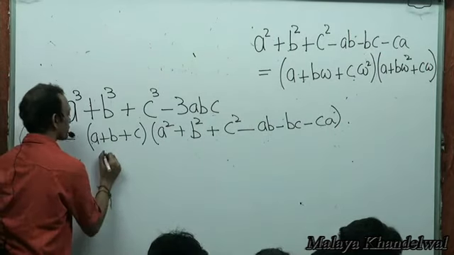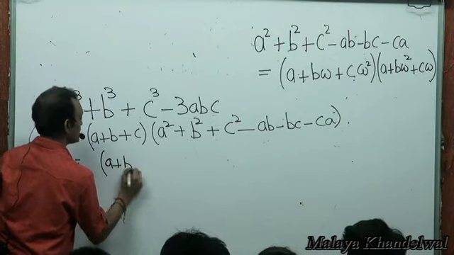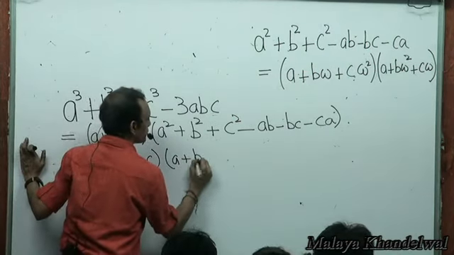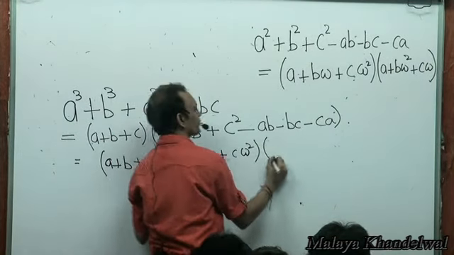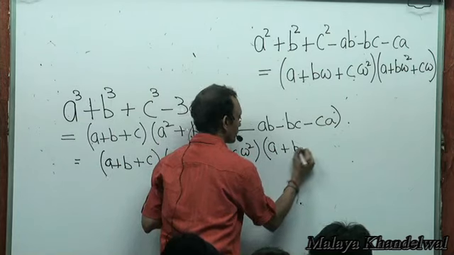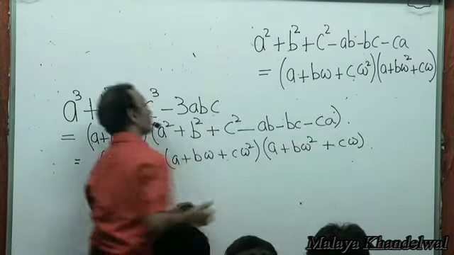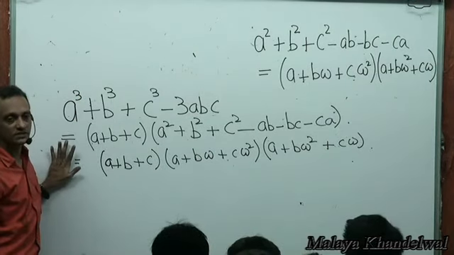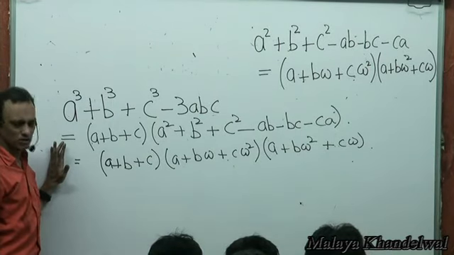Which is a plus b plus c into a plus b omega plus c omega squared into a plus b omega squared plus c omega. This is another identity which is often used, right? Must remember all these identities.